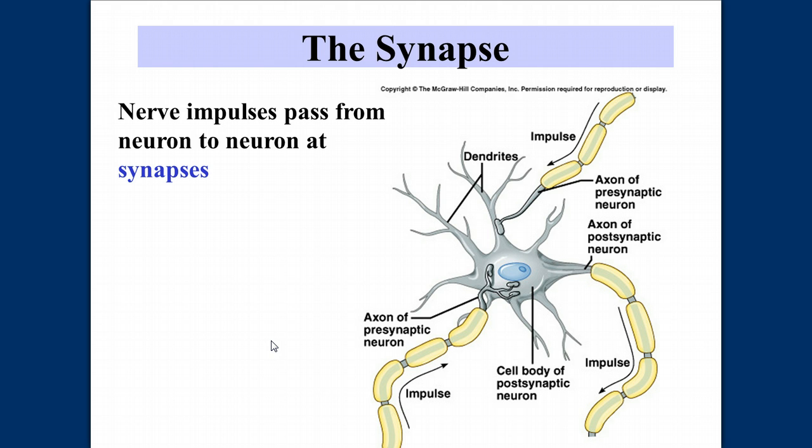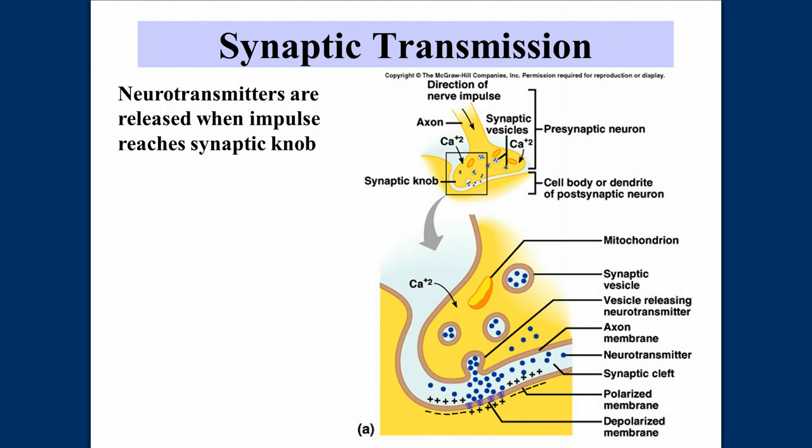Remember that the two don't really touch. In our models in the lab, and in this picture, it appears that they touch, but they don't really. There's a gap in between them that we call the synaptic cleft, and here's the synaptic cleft right here. So this is the presynaptic nerve fiber, and this is the direction of the nerve impulse, and here's the synaptic knob.